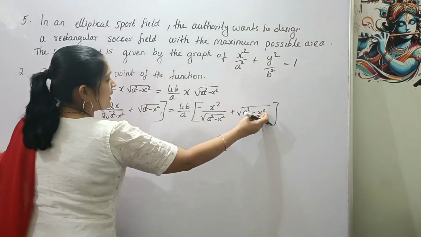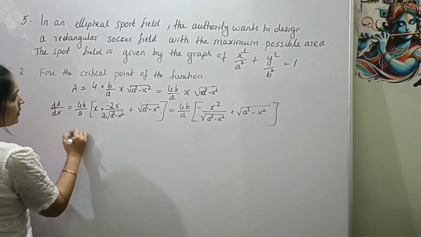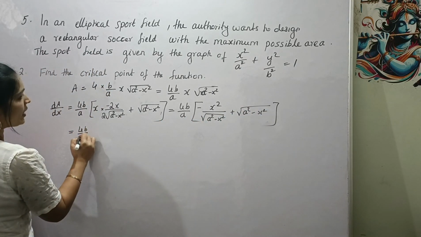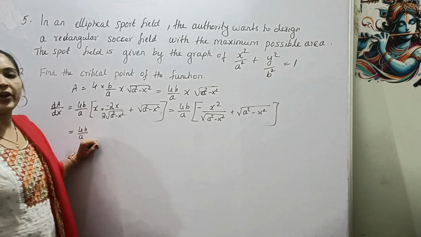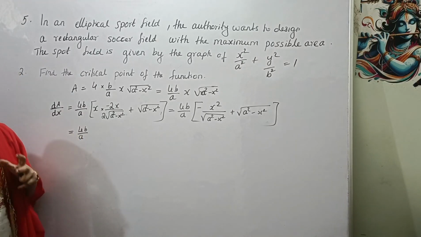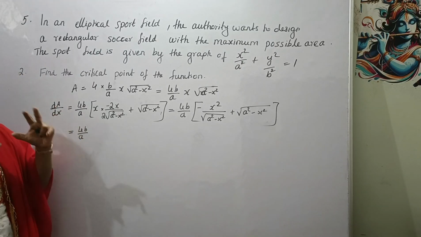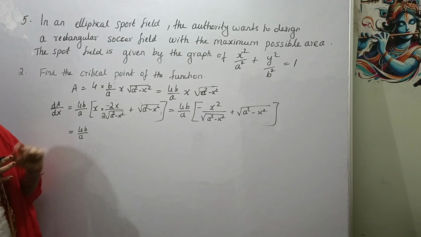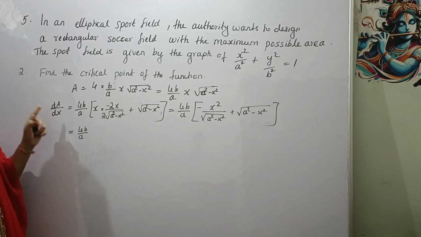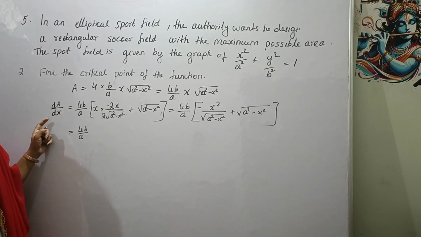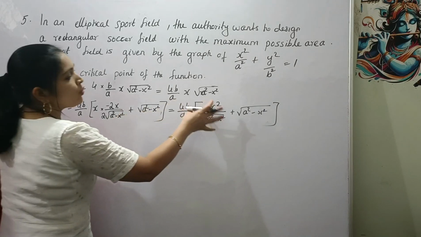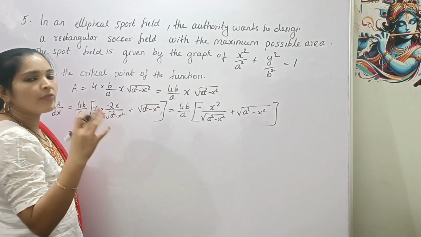Now take LCM, that it will be 4b/a, because here we have to find the critical point, right? So to find the critical point we have to make it in the form of factors. Okay, that is we equate dA/dx equal to 0 to find the critical point. So for that we have to simplify and make it in the form of factors.